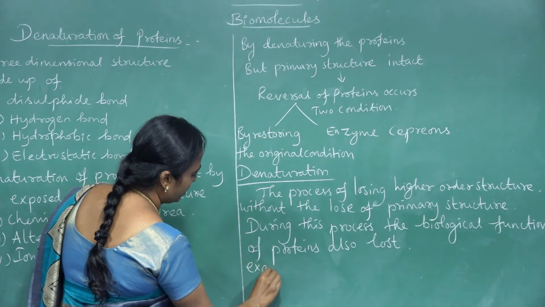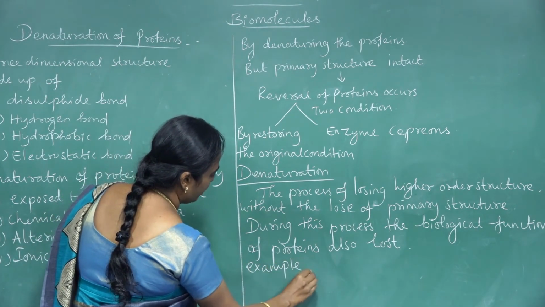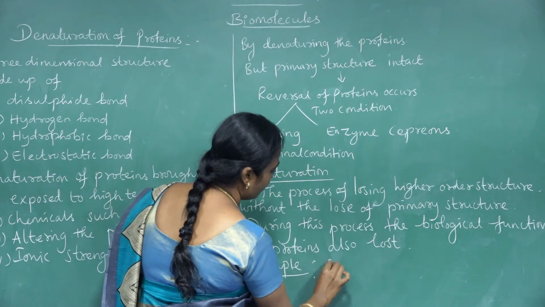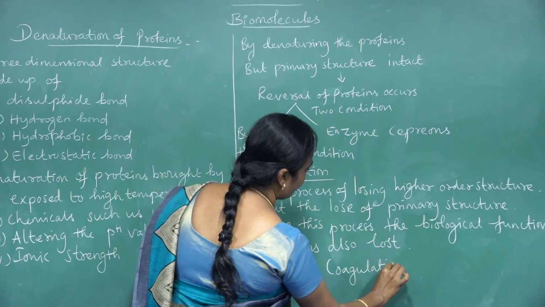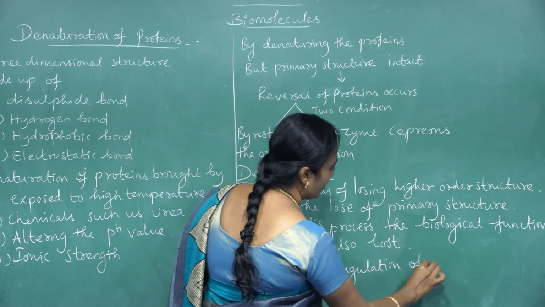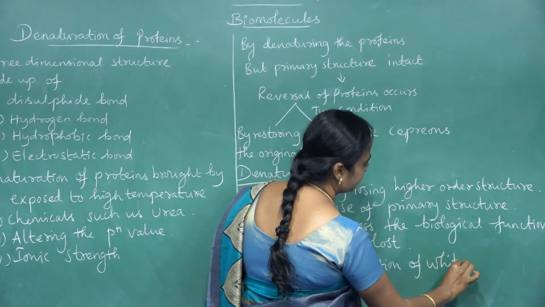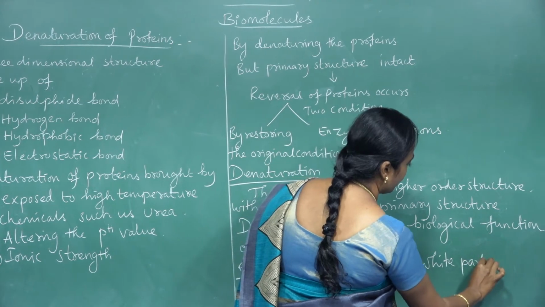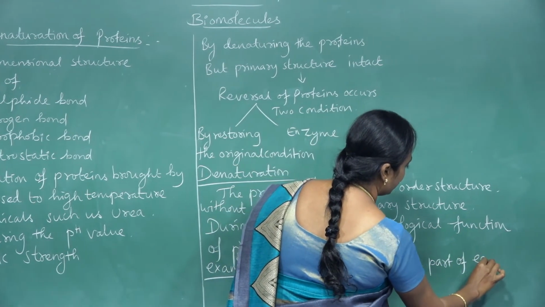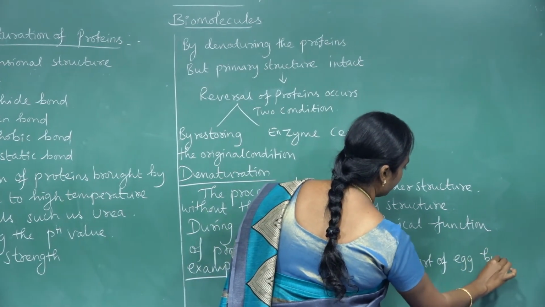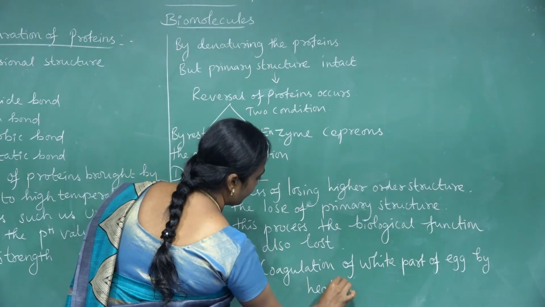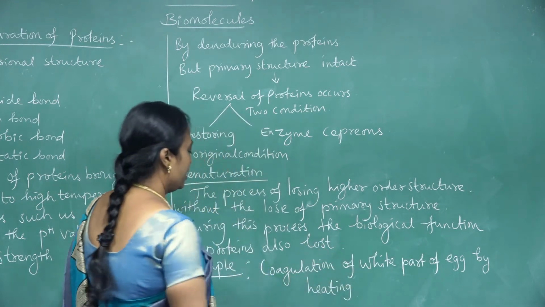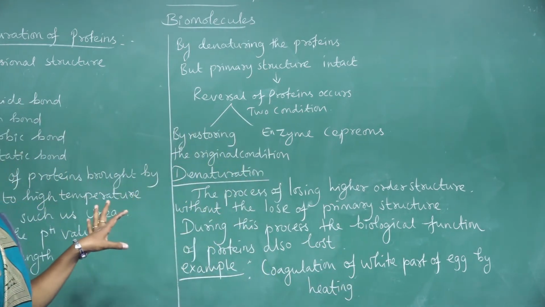For example, you can take the coagulation of the white part of an egg by heating. This is a good example of protein denaturation.